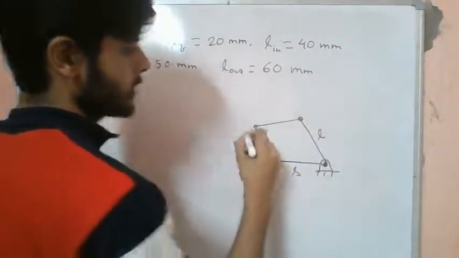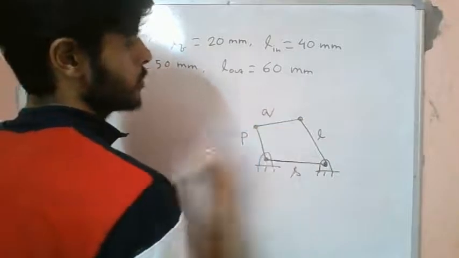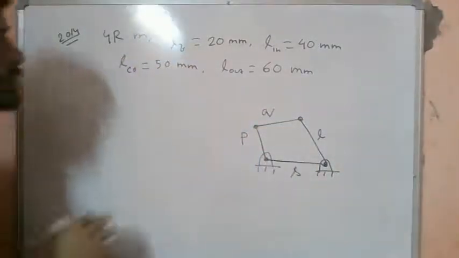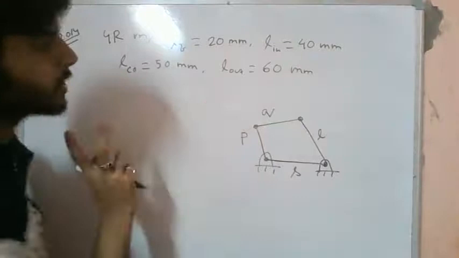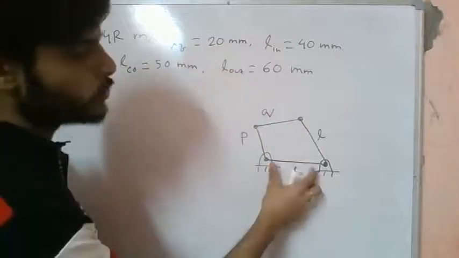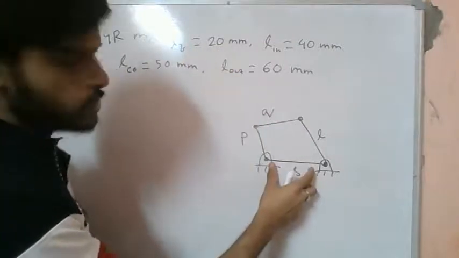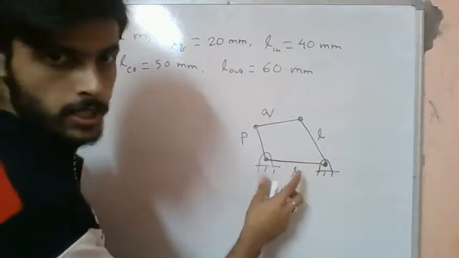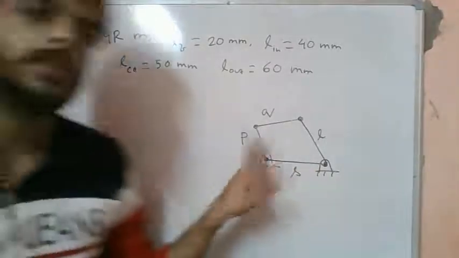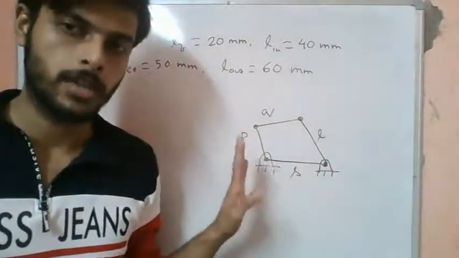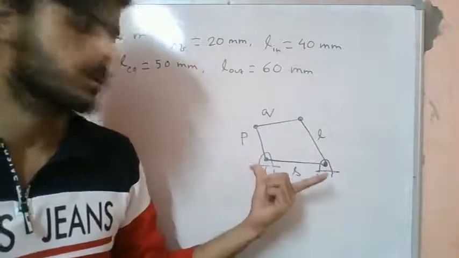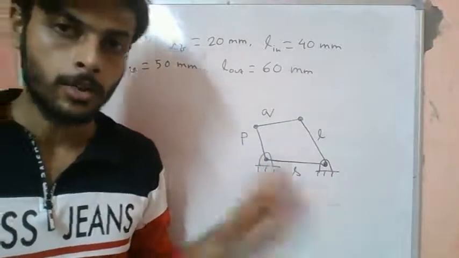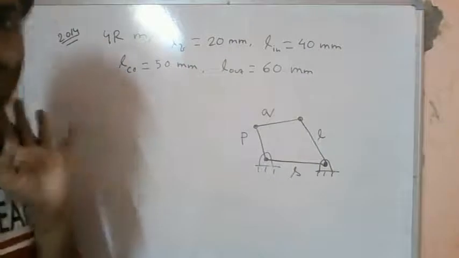This is L, this is P, this is Q. Here we see that the shortest link, LF, is 20 mm. So the shortest link has been fixed. Now we cannot say that this will be a double rocker or double crank mechanism, because we do not know whether this is a Grashof chain or not.